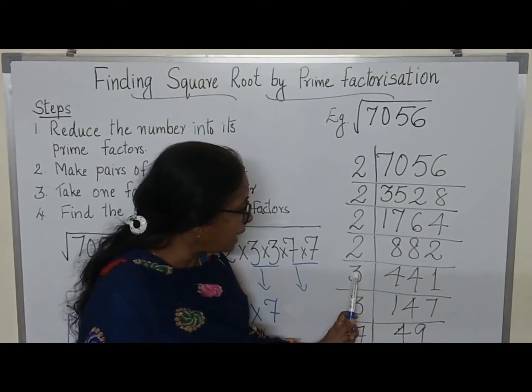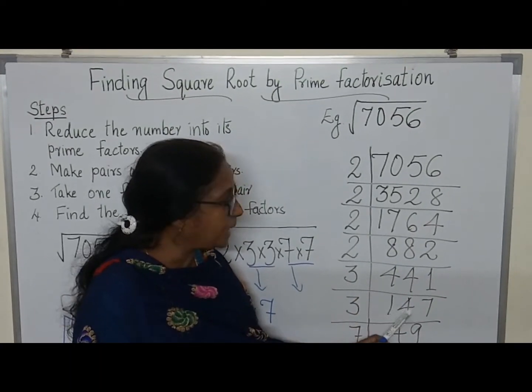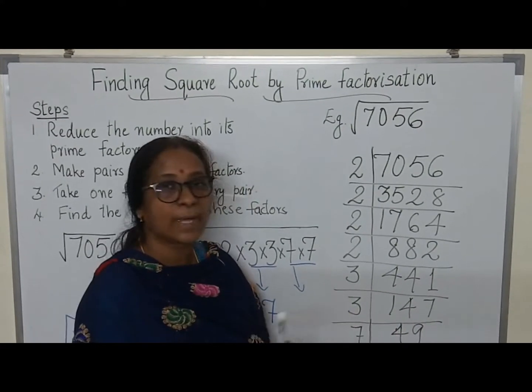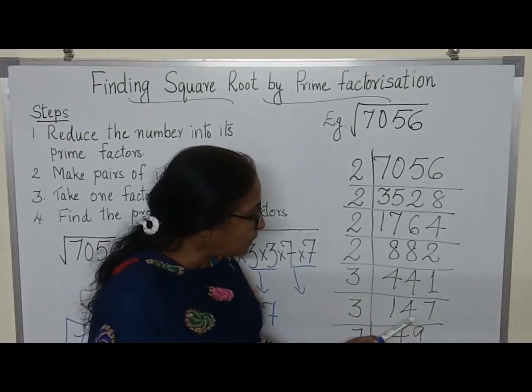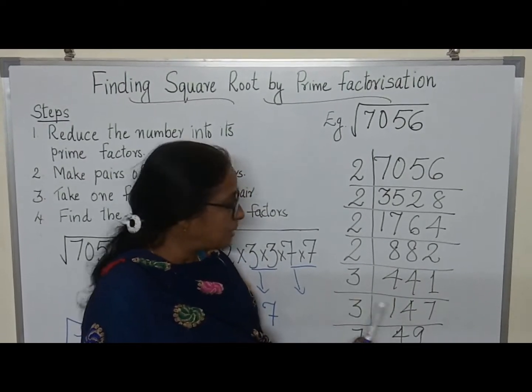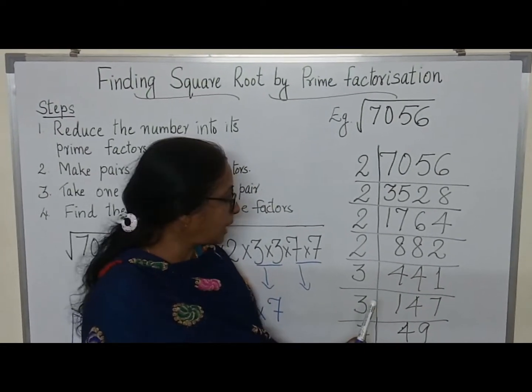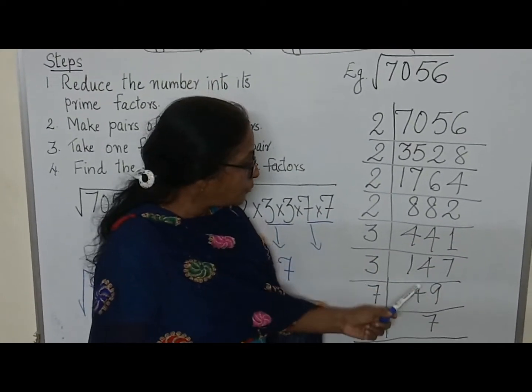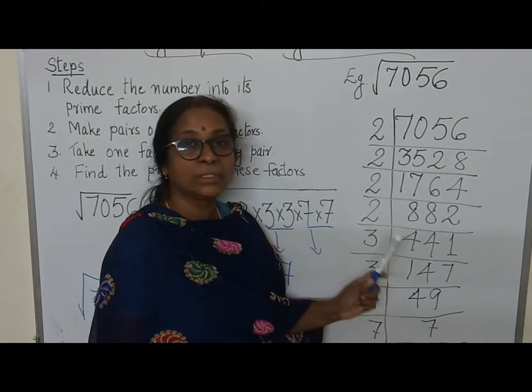So when we divide by 3, we get 147. Again check whether it is divisible by 3. 7 plus 4 is 11, 11 plus 1 is 12. 12 is divisible by 3. So divide by 3, we get 49. For 49, 9 plus 4 is 13.